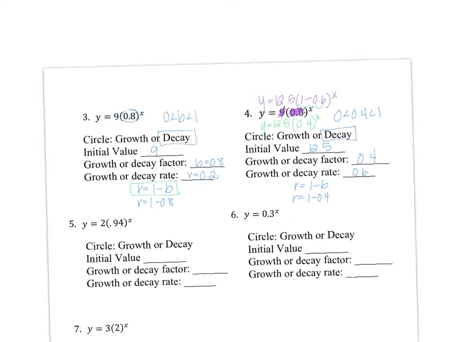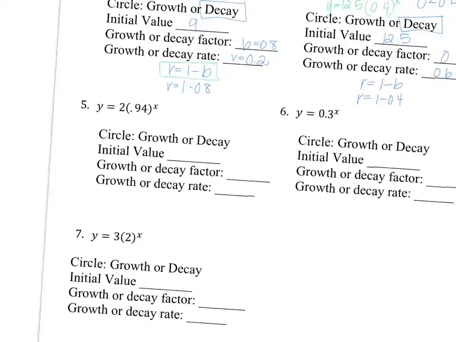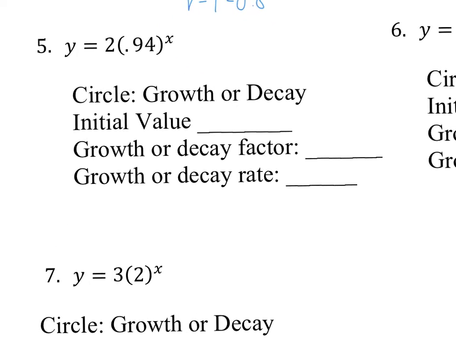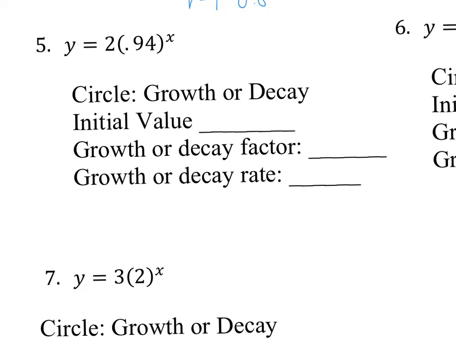All right, let's try number 5. Number 5, y equals 2 times 0.94 to the x power. Is it growth or decay? 0.94 is between 0 and 1, so it is decay. My initial value is whatever number comes first, which is 2. The decay factor is just what B equals, which is 0.94.